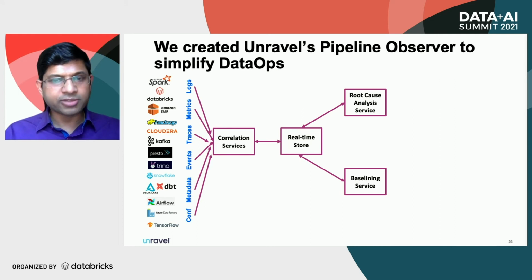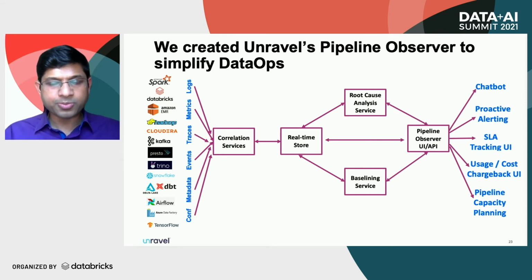All these microservices further enrich the data in the form of insights, and all of them are served by the pipeline observer UI, right, which can be consumed by an API that can then power a chatbot, right? Or it can be used for proactive alerting when your pipeline is having a problem.